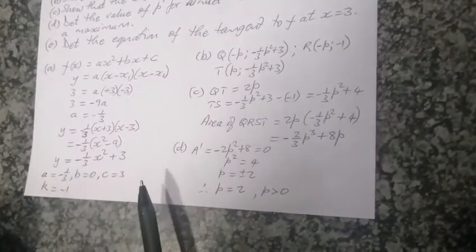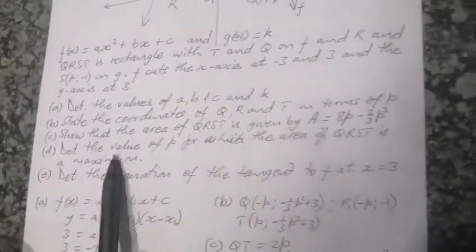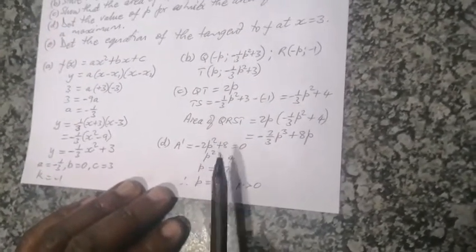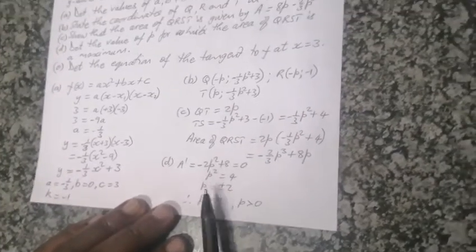Then the last question is part D. Determine the value of P for which the area of QRST is a maximum. It is a maximum when we differentiate the area. So we are going to differentiate with respect to P. So we have minus 2P squared plus 8 is equal to 0.